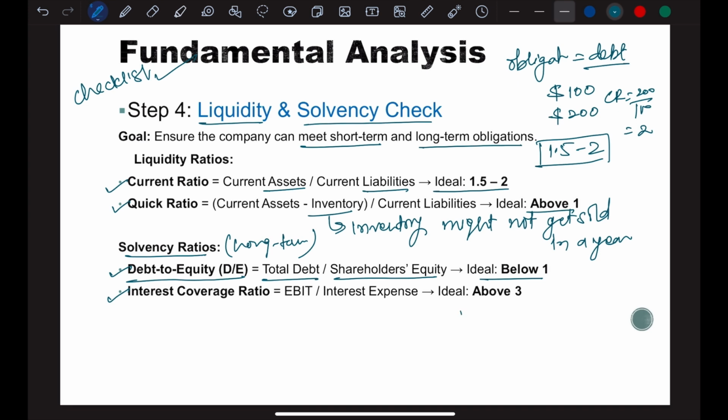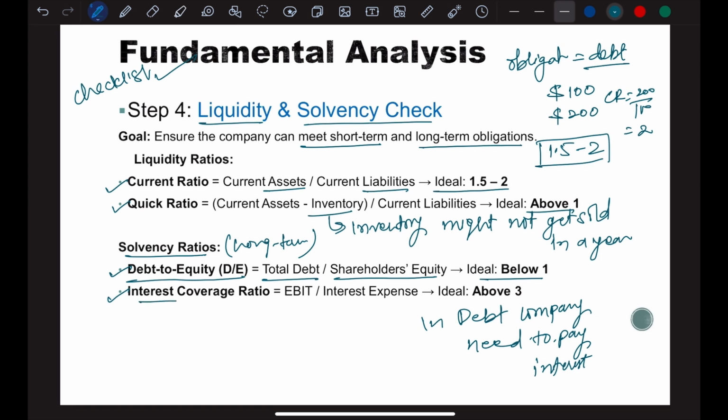Why? Because with debt the company needs to pay interest. So interest will come out of profit, and if the majority of profit goes on paying interest, there will be nothing left for the company to reinvest and grow the business. So ideally, the less debt the company has, the better it is.